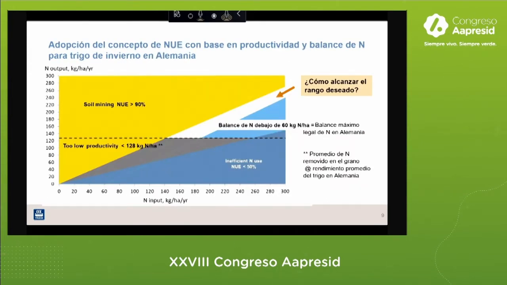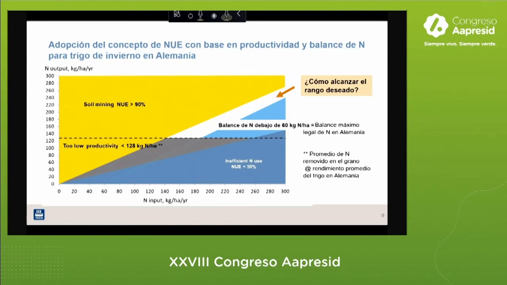And here, on this slide, I have converted all these more theoretical limits and values into something more practical, and it's the application of the NUE concept to winter wheat grown in Germany. And for example, for the productivity, I've used the average wheat yield in Germany converted into nitrogen, using a typical value for nitrogen content in wheat grain.